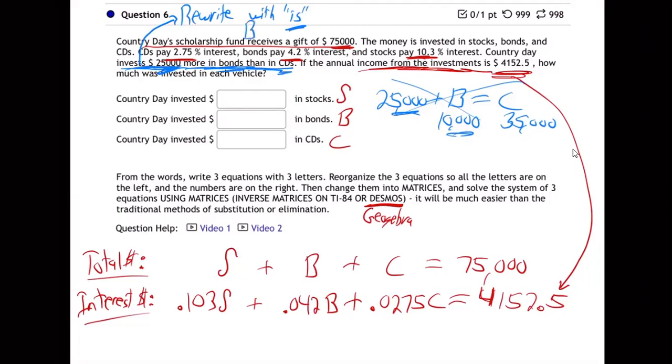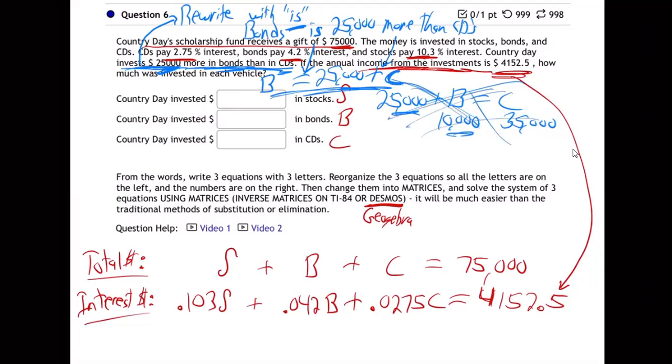So bonds is 25,000 more than CDs, right? Isn't that what they're saying? Bonds is 25,000 more. So what is that? Bonds is equals 25,000 more added more than CDs. There's the right equation. You need to add the 25,000 to the C, not to the B.